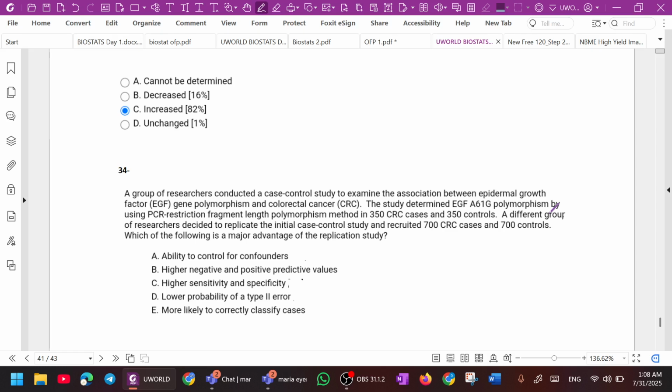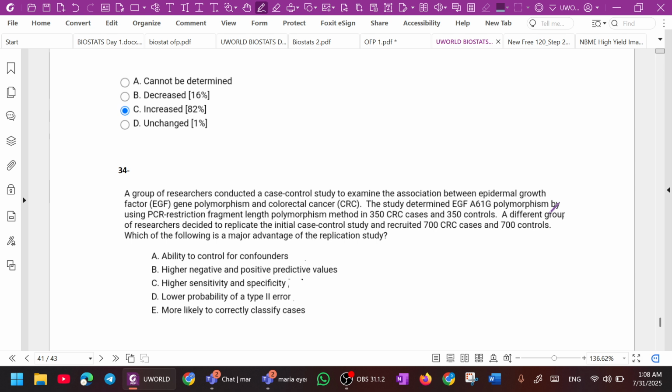A group of researchers conducted a case control study to examine the association between the epidermal growth factor gene polymorphism and colorectal cancer. The study determined the EGF A61 polymorphism by PCR restriction fragment length polymorphism method in 350 colorectal cancer cases and 350 controls.